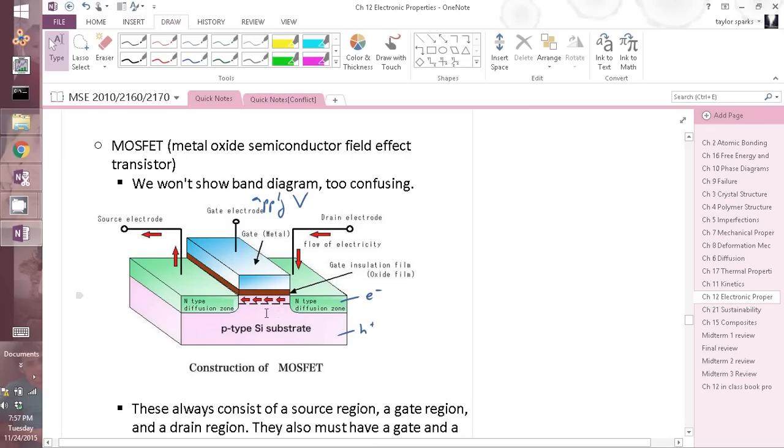What this allows us to do is, if we apply a voltage such that we pull a positive charge here, that will temporarily create negative charges in this channel. If it's negatively charged, now our electrons can pass through here, no problem, without recombining, because we've temporarily created a bunch of extra electrons there to satisfy the holes that would normally be present at that gate. If you take that voltage away, then this is no longer conducting and it goes back to its original state.